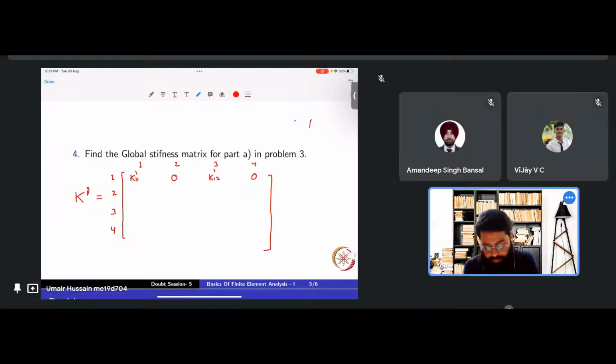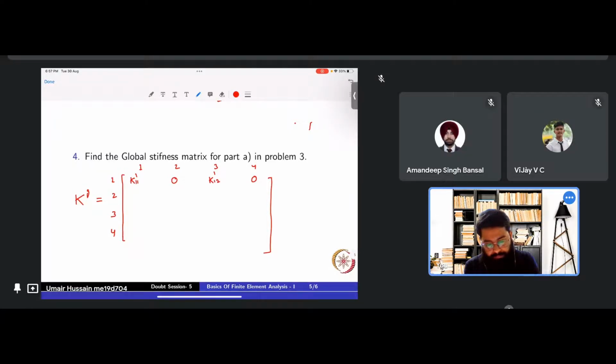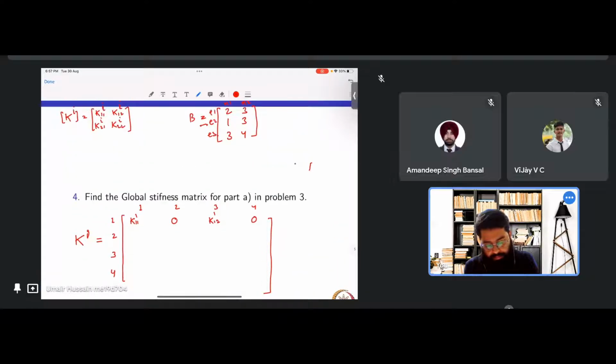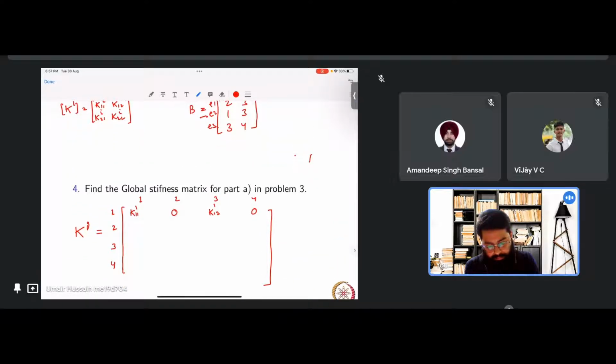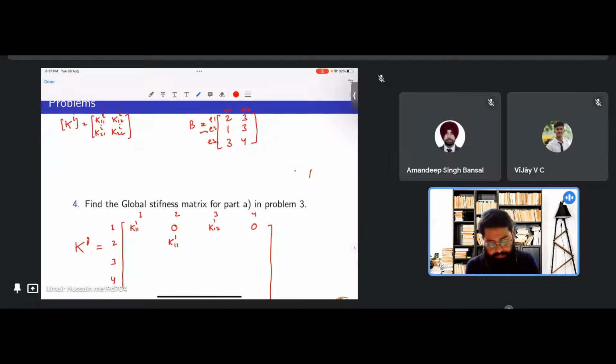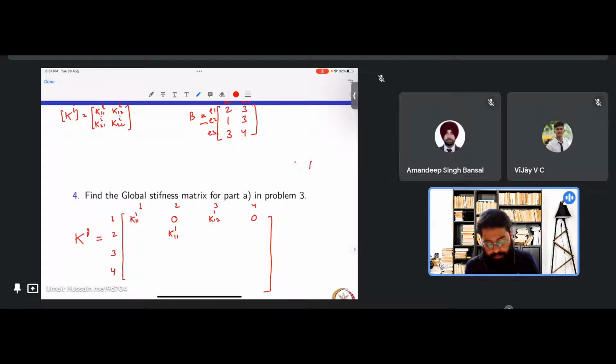So for 2 we have contribution from element 1, and 2 is the first node, right? So we write this as this. I'm skipping the symmetric terms.